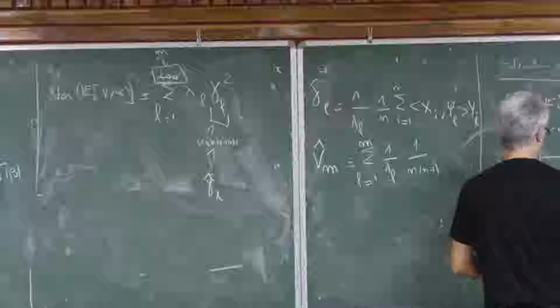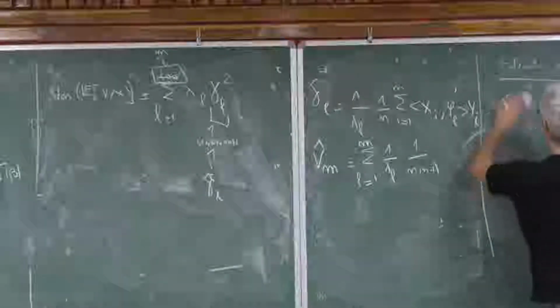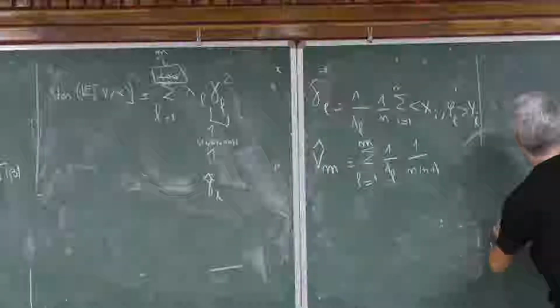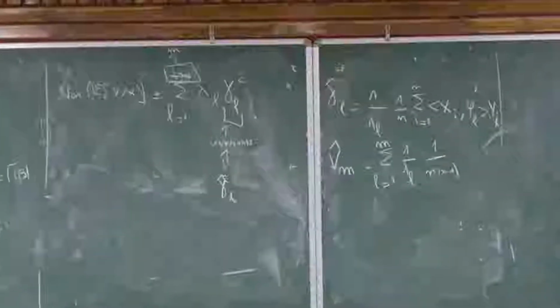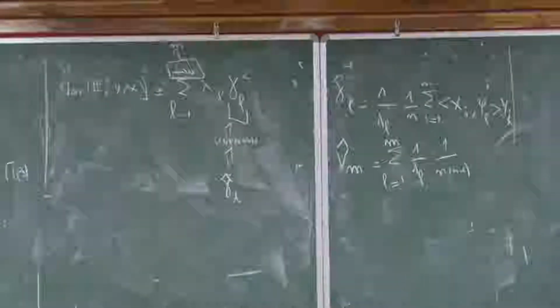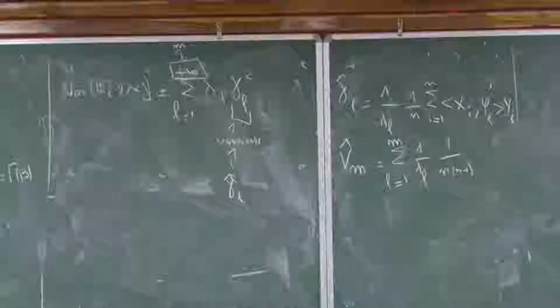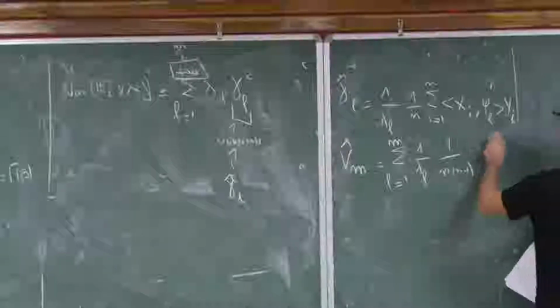So I use a classical U statistic here. So we can remove the square term.